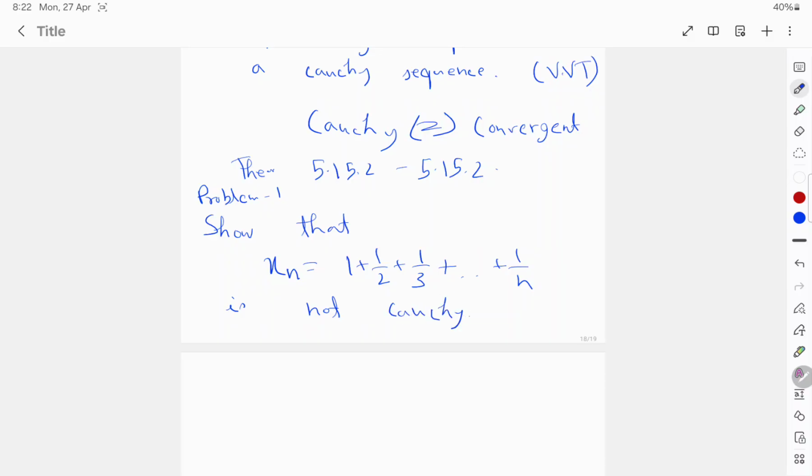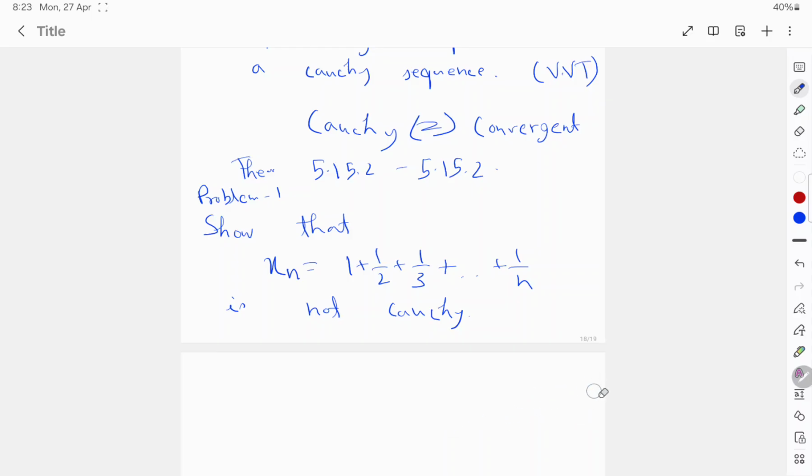Can you recall where you have seen this problem? Maybe in your video 2, there you saw 1 plus half plus 1/3 plus 1/4, using these two terms, then you have 8 terms. So I have already done this type of problem, but there I think instead of n I used the 2 to the power n notation, right? So in this way you can also prove that the sequence is not convergent, and you know convergence is equivalent to Cauchy.